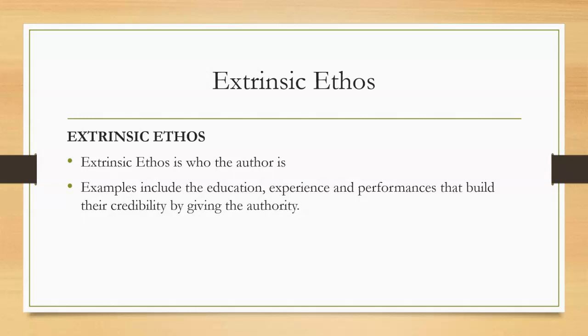Think about it as extrinsic, external stuff that builds their credibility. So what their education is, what their experience doing, in your case, experience doing experiments or studies. So that is related to the extrinsic ethos of an author.